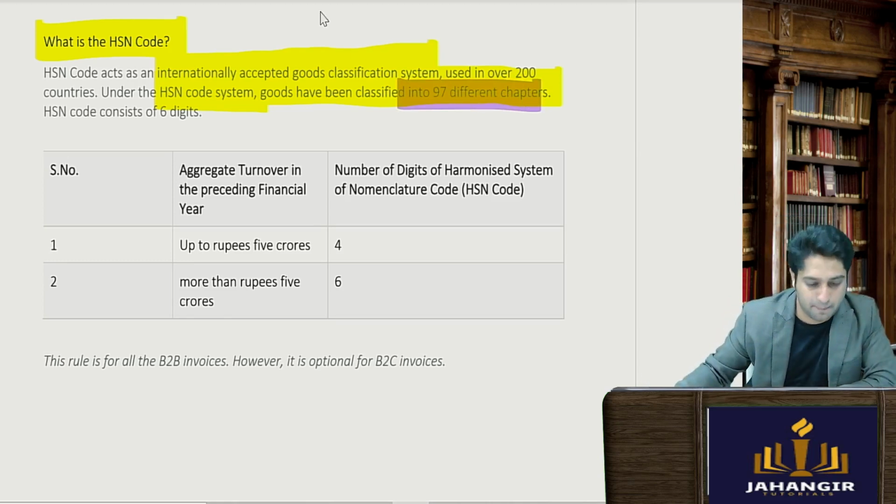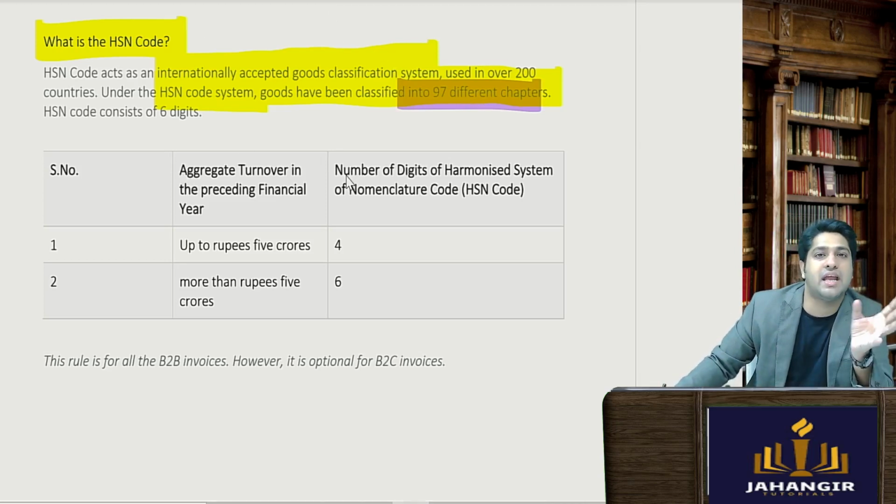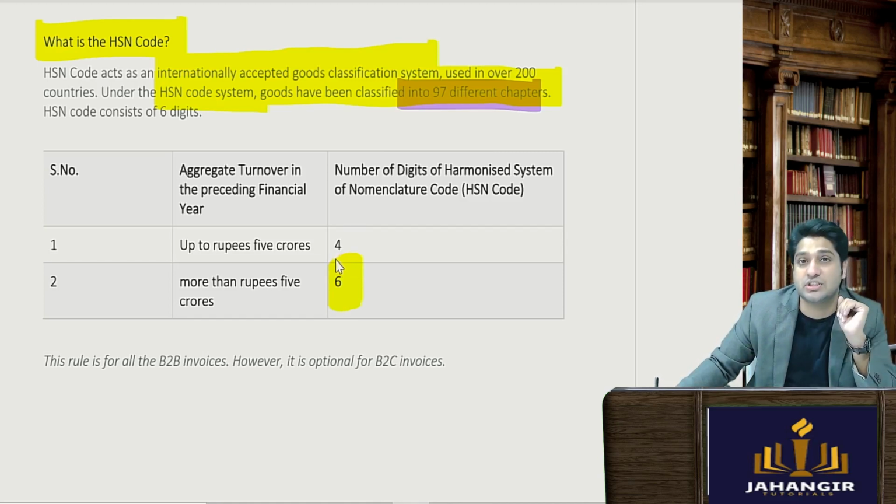Subheadings can be there. Now coming to how many HSN digits need to be shown. HSN numbers are generally of 6 digits. तो तुमको क्या इनवॉइस में सारे 6 डिजिट्स बताने हैं? So they are saying if your turnover is up to 5 crores, like you're a small guy, then just show the first 4 digits of the HSN code.